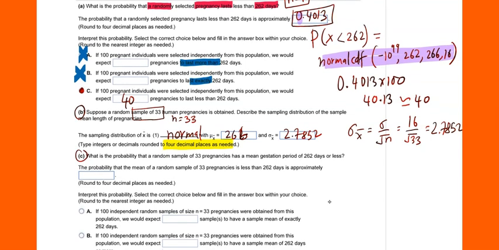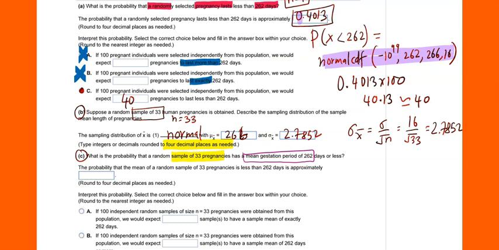Now part C. What's the probability that a random sample of 33 pregnancies has a mean gestation period of 262 days or less? Here we have a sampling distribution because the sample size is 33, which you can see from the words mean gestation period of 262 days or less.